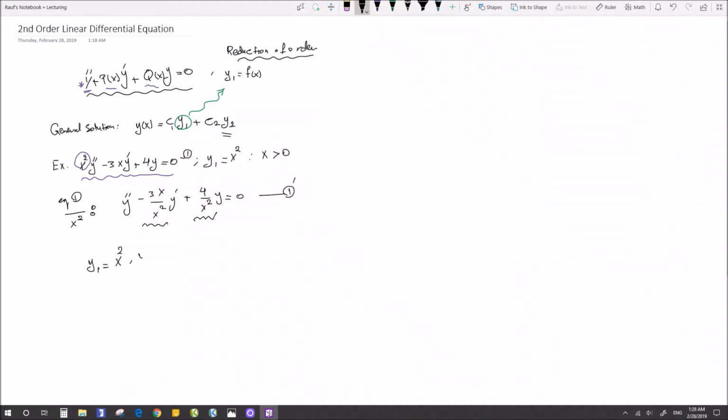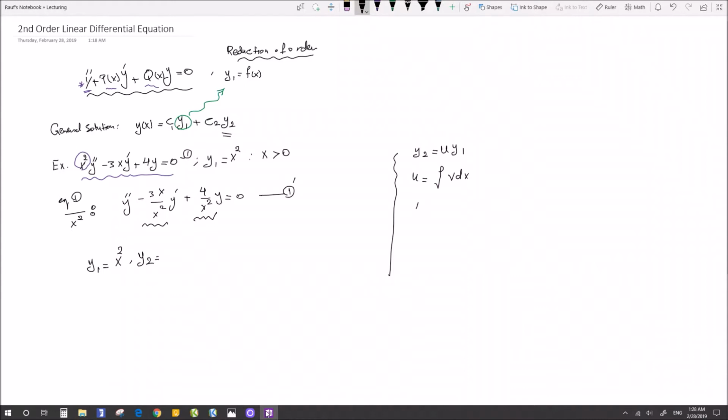Now to find y2, let's go here on the side. We have a couple of forms that we want to remember in order to find y2. In general, y2 equals a variable u multiplied by y1. Now to find u, u equals the integration of v dx.